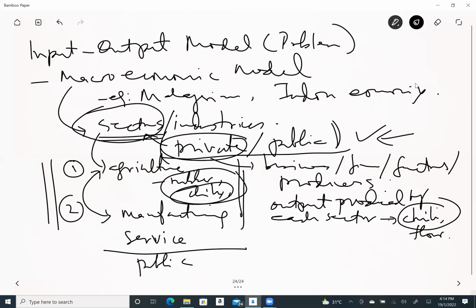Who buys the chili, and how is it consumed? Who buys chili, or flour, or rice? Who buys this kind of goods?